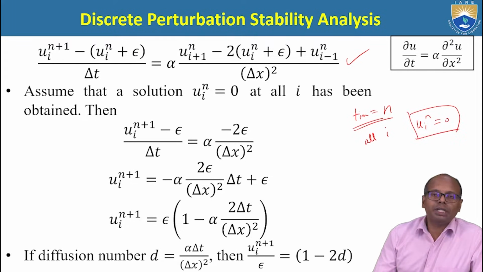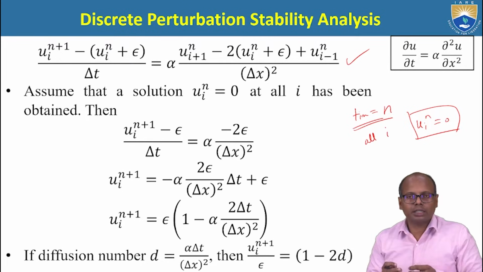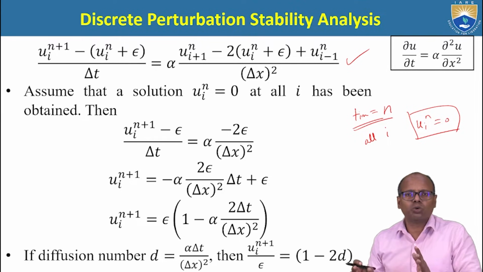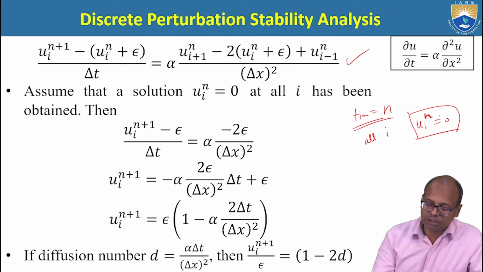Suppose we take the first step, n equal to 1, and we are initializing all the nodes with a 0 value. So that is the meaning of this. At the ith node and time n, we have introduced one disturbance.